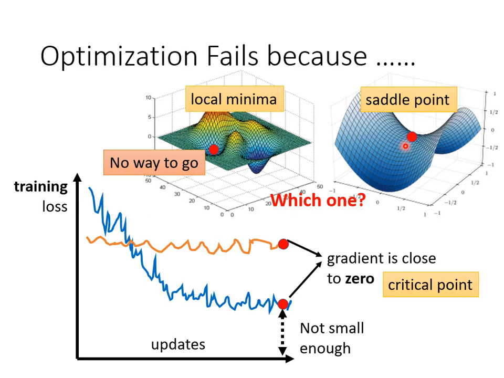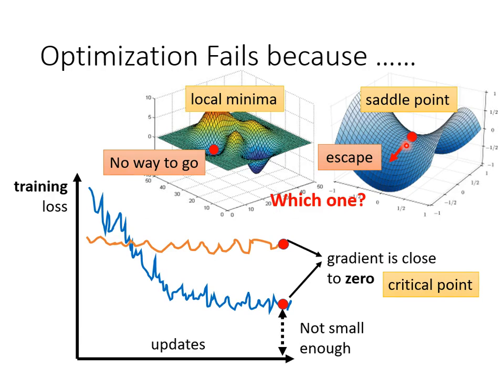However, if you are at a saddle point, then it is all right. There remain some directions you can go towards, which means it is still possible to make the loss lower, as long as you are able to escape from the saddle point. So it is worth investigating whether a critical point is a local minimum or a saddle point.